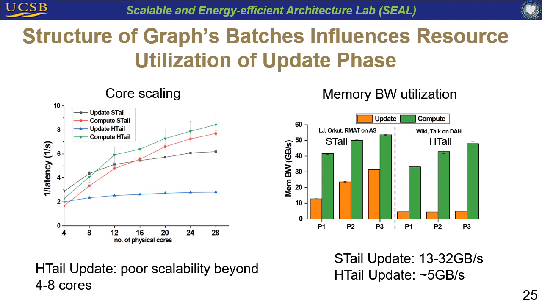For the memory bandwidth, we observe similar results. The S-tail update phase utilizes about 13 to 32 gigabytes per second of memory bandwidth. In contrast, for the H-tail update phase, the memory bandwidth utilization is extremely low at about 5 gigabytes per second.